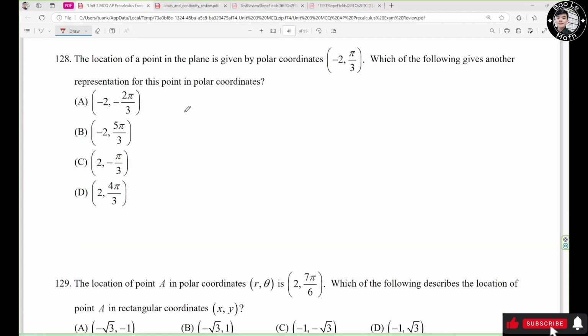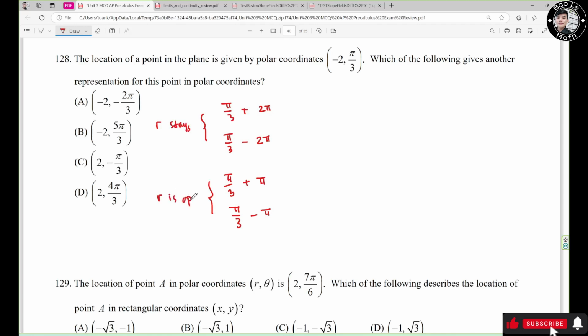Now question 128, similar. So I have pi over 3 add 2 pi, and pi over 3 subtract 2 pi. You're going to check for different cases. And pi over 3 add pi, and pi over 3 subtract pi. For the 2 pi cases, the radius stays. For the pi cases, the radius is opposite.